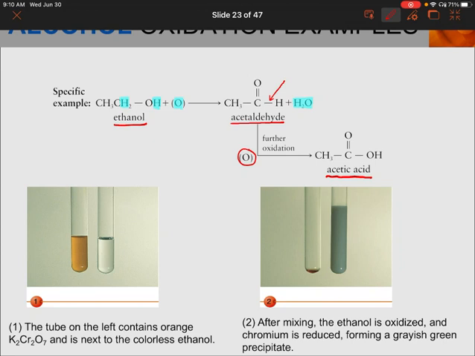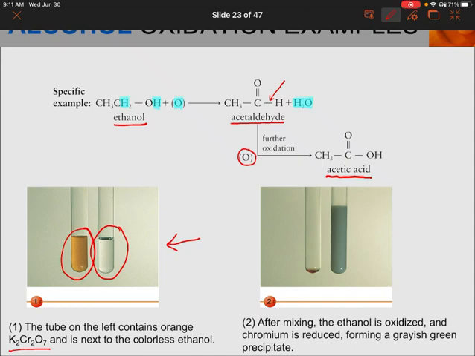Down below, there's actually a test that you can do to see if you have a primary alcohol. In the first picture on the left, we have our oxidizing agent, potassium dichromate, in the first test tube, and it's orange. Then we have ethanol in the right test tube, and that is colorless.